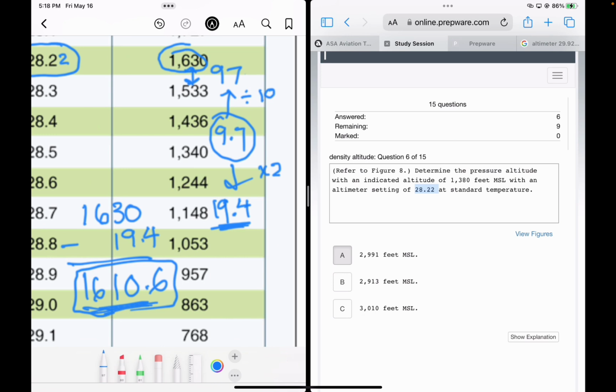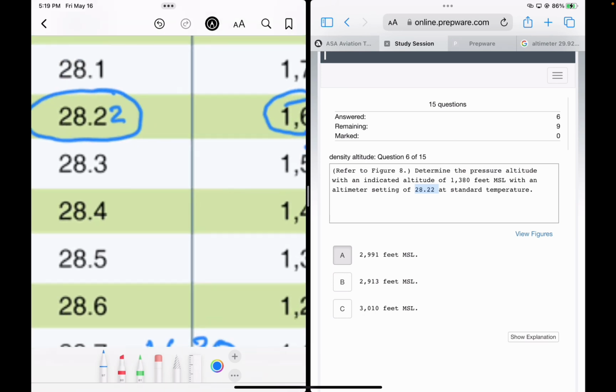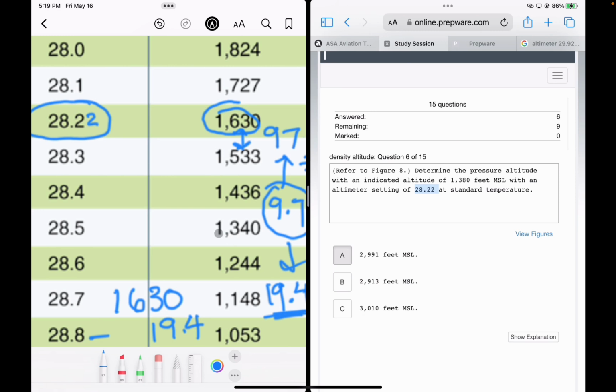Why do we have to do that? If you don't really care, you can skip ahead. I'm just going to give you a very nerdy math explanation. Here goes my very nerdy math explanation. What is interpolation? We know that 28.2 equals 1630.